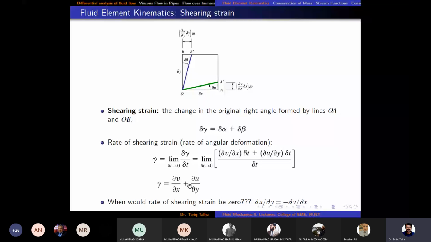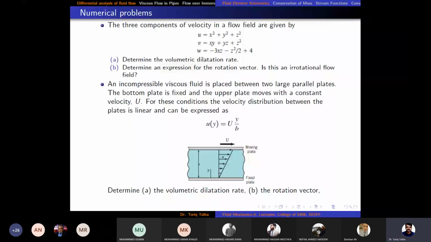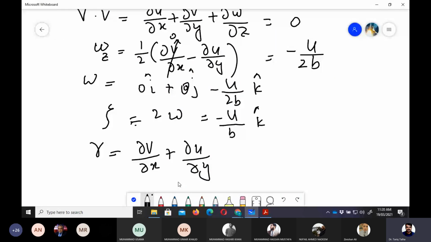It is only about the z axis at the moment. We can also find the rate of shearing strain about the x axis and y axis, similarly as we did for the rotation vector. Partial v by partial x would be equal to 0, and partial u by partial y would be equal to U upon b.